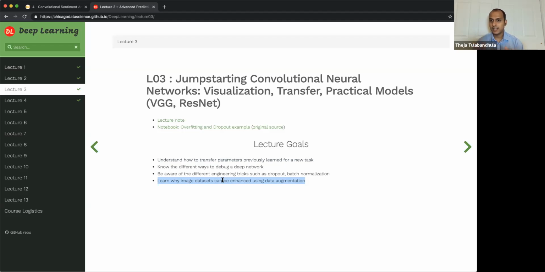It really was exploiting the idea that images, if they're slightly cropped or slightly perturbed or slightly rotated, should have the same label, let's say if you're doing classification. So those are the goals for the first 3 lectures, and there were corresponding notebooks and links available for each.